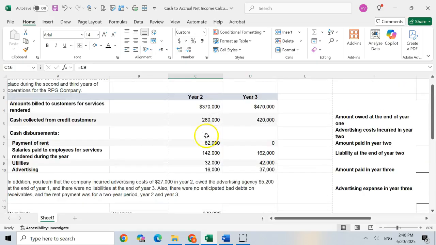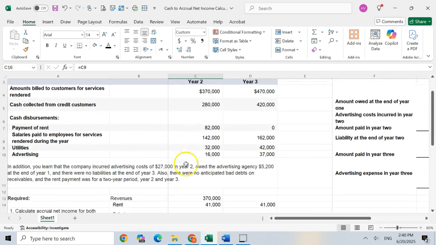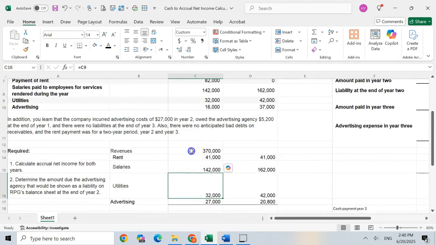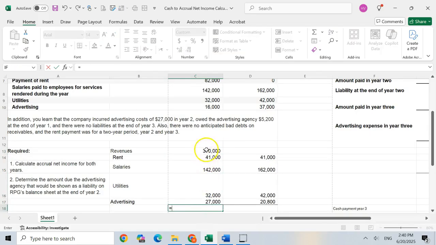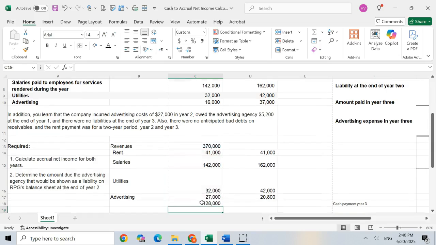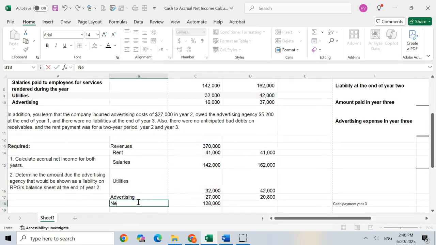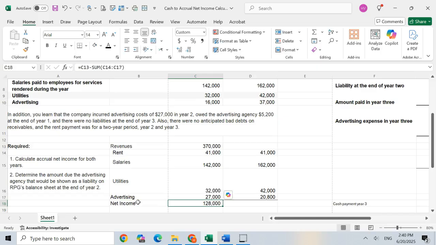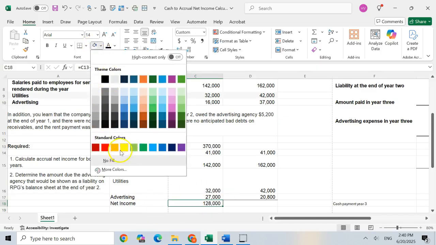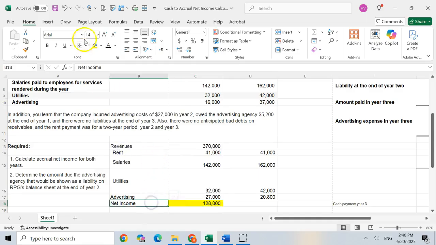And now we can start calculating our net income for each of those years. So this is year 2. In year 2, we had revenues of $370,000, and these are accrued expenses, so I'm just going to subtract the sum of these numbers. Our net income at the end of year 2 is $128,000. Just going to highlight that for net income.